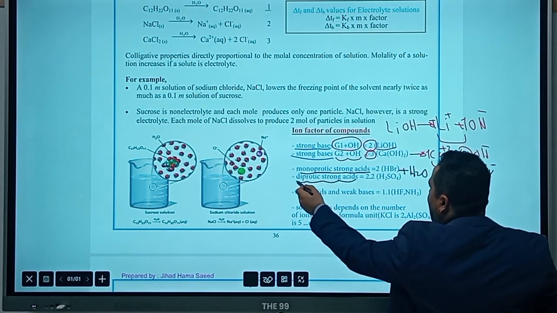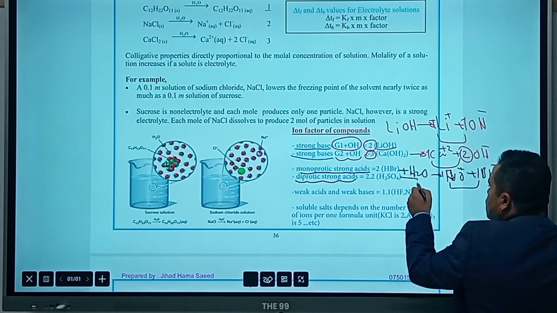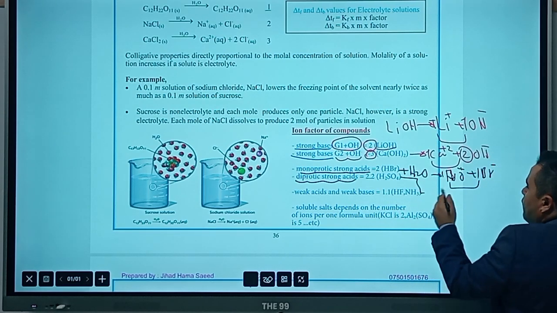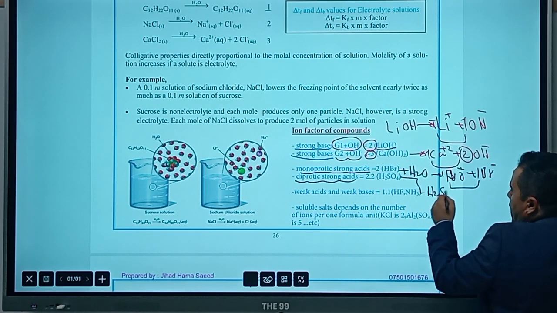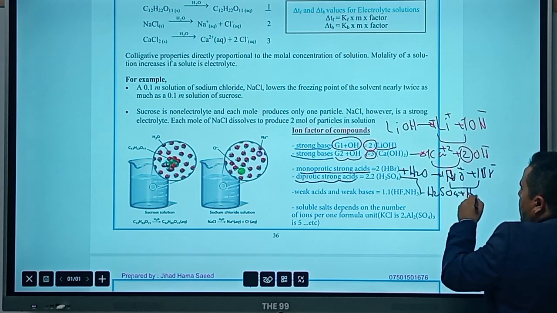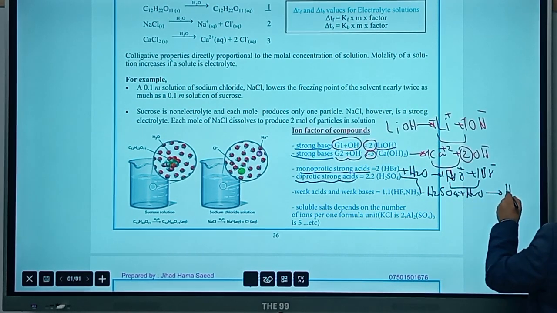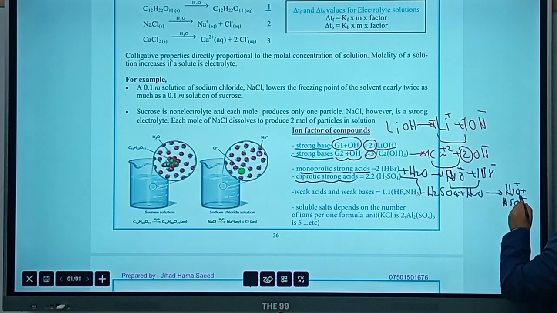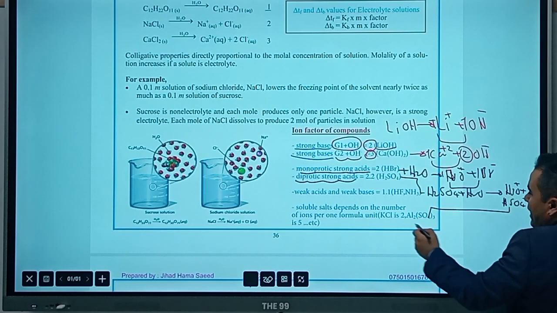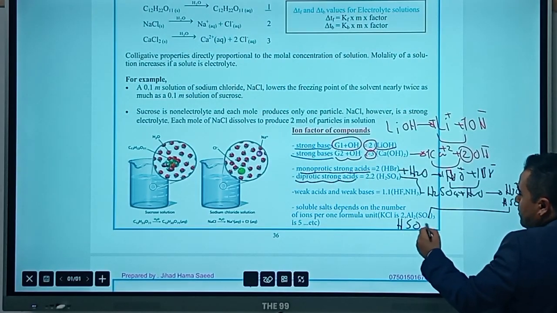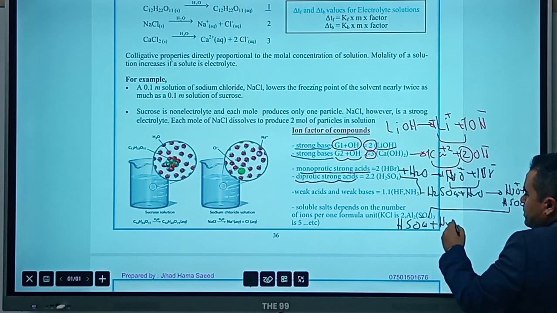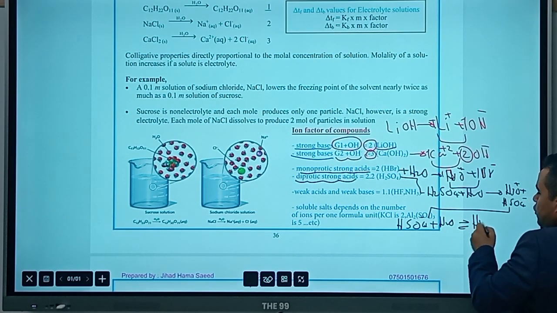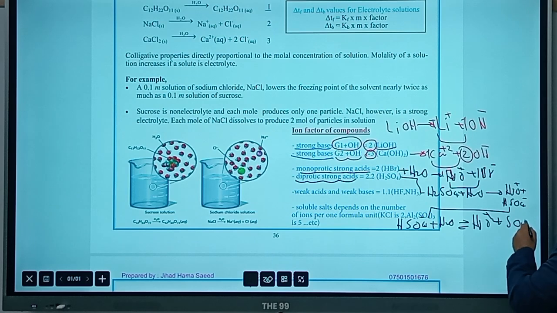The strong diprotics, guys, they have 2 steps of ionization. H2SO4 plus H2O will produce hydronium plus HSO4 negative, and then HSO4 negative further ionizes to produce hydronium and SO4 negative 2.